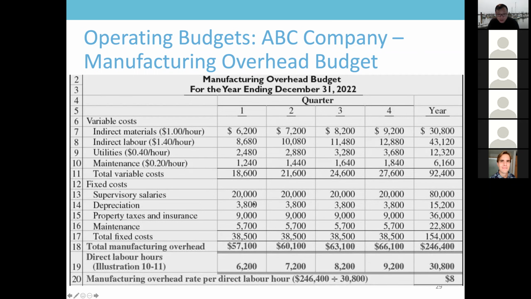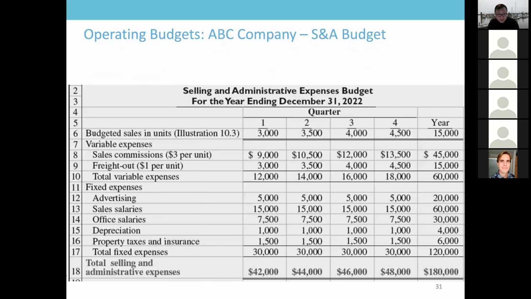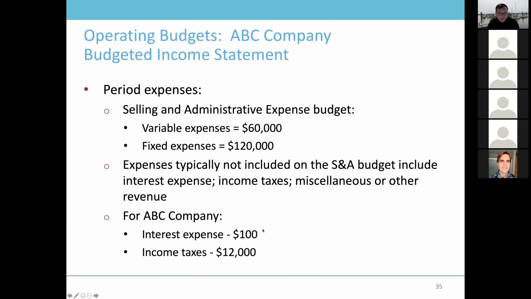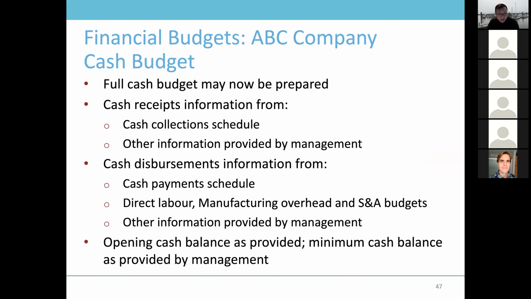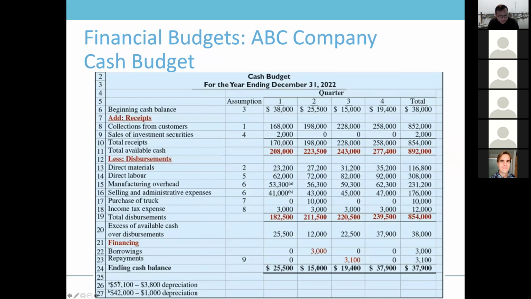Okay, that's this one. And the selling and admin here, 42,000 minus depreciation 1,000, right? Same idea, this depreciation is not a cash item. Here I'm using 57,100 minus 3,800, 42,000 minus 1,000.